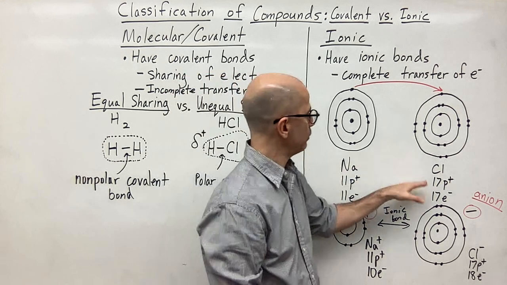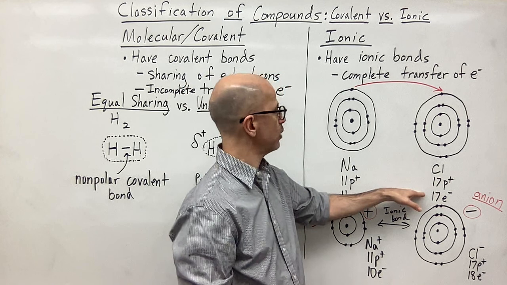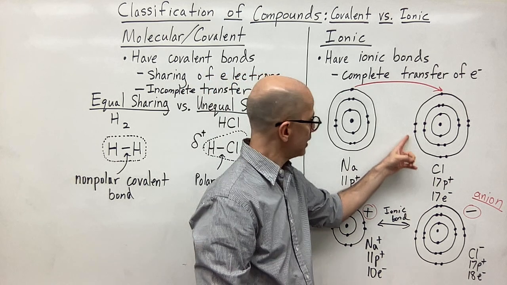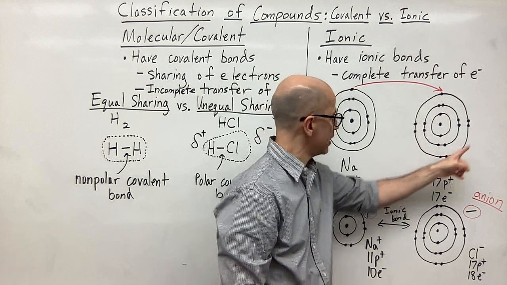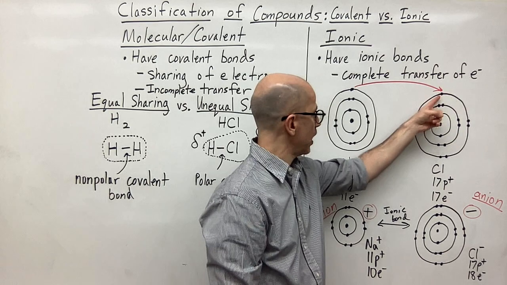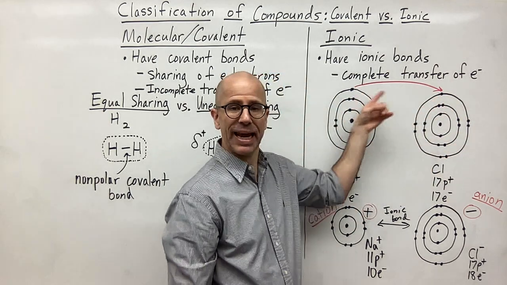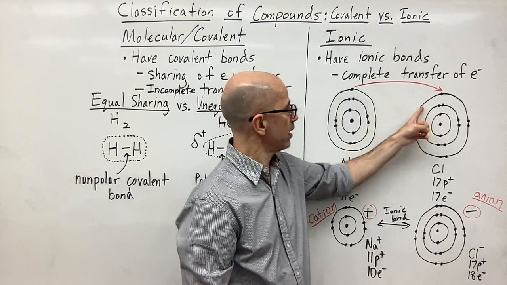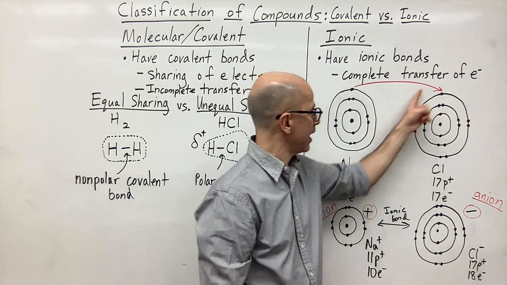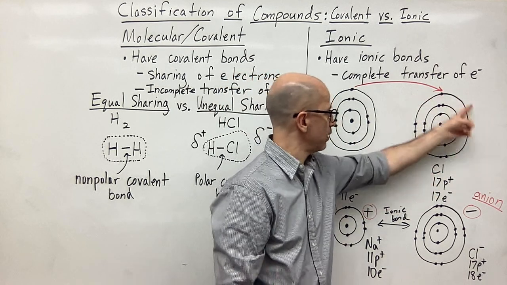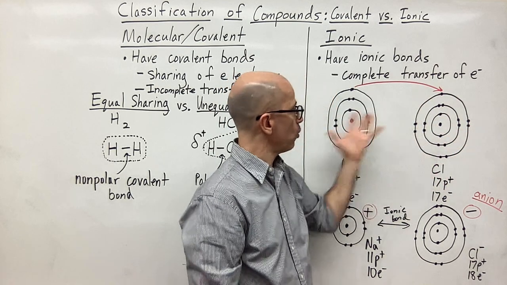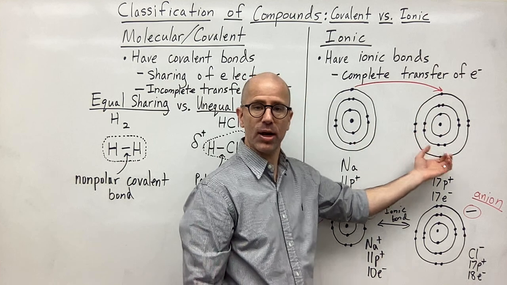For chlorine with 17 protons, 17 electrons, it has 7 electrons on the outermost shell, this third shell. And so it would like to gain an electron in order to have a full octet, to have 8 electrons. That would give it a full shell. And so it wants another electron.